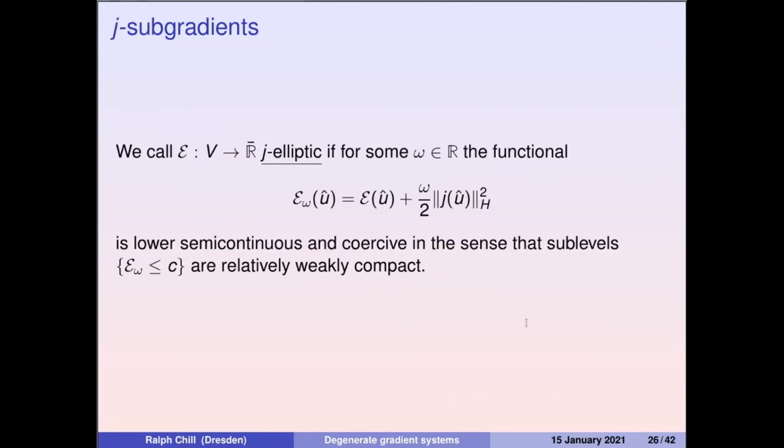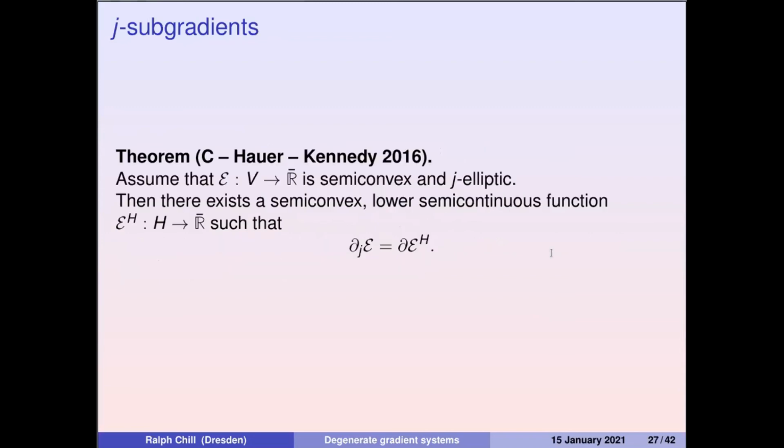We call this J-elliptic, but semi-convexity means just that this shifted functional energy is convex. And now we also assume that it's not only convex, but also lower semi-continuous and coercive in the sense that sublevels are relatively weakly compact. That's just some technical thing. And we have not defined new objects in this way.